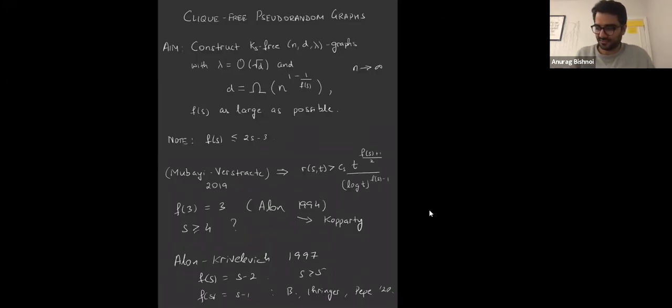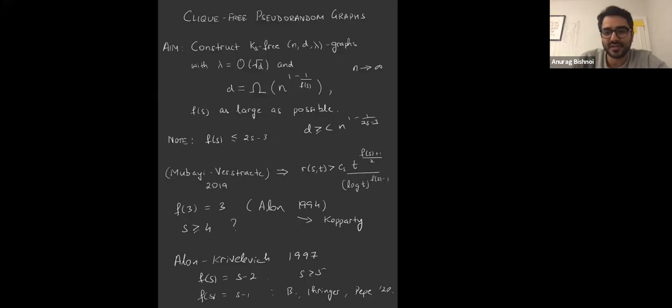Why is f(s) at most 2s minus 3? So you can show, using basically the expander mixing lemma, that there exists a constant such that if d is at least that constant times n to the 1 minus 1 over 2s minus 3, and your graph is an (n,d,lambda) graph with lambda equal to square root of d, then there must exist a clique of size s.